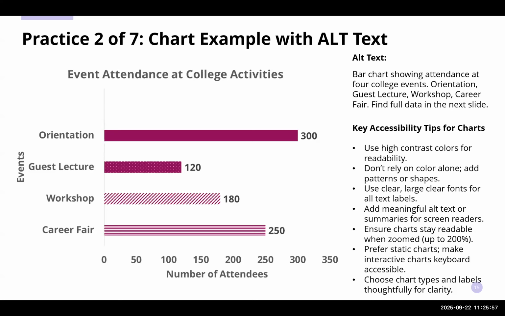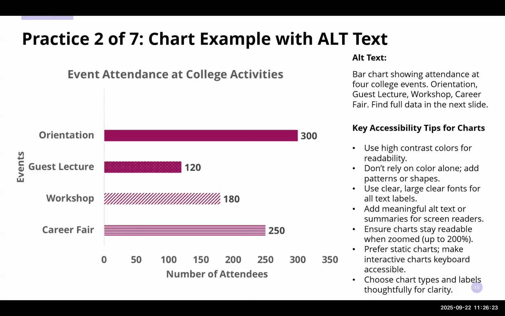That is, an overall information about the attendance of participants in 4 college events. Plus, it also tells where to find the full description. So someone using assistive technology like a screen reader, who quickly reaches the image and wants to know just a gist of what the image holds, gets all the information with this.